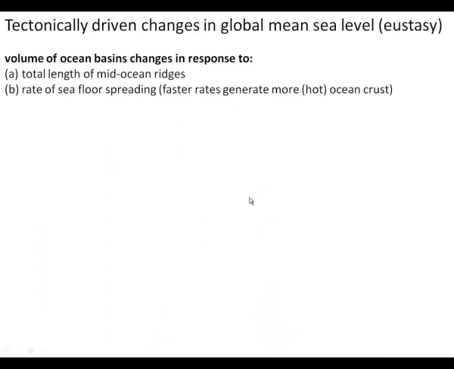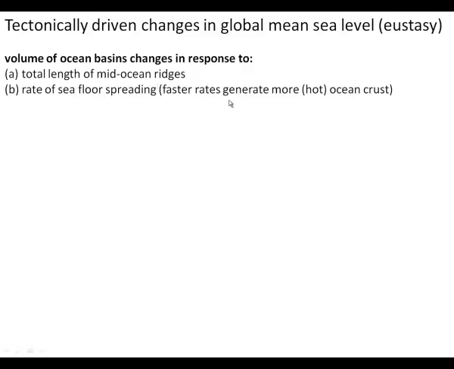So when we're thinking about the relationship between plate tectonics and how they may impact on changes in eustatic sea level, in other words global mean sea level, there are 2 variables to consider. The first is the total length of mid-ocean ridges that's active across the surface of the Earth, and the second is the rate at which these mid-ocean ridges are generating spreading crust.